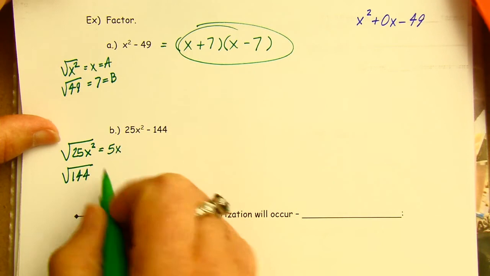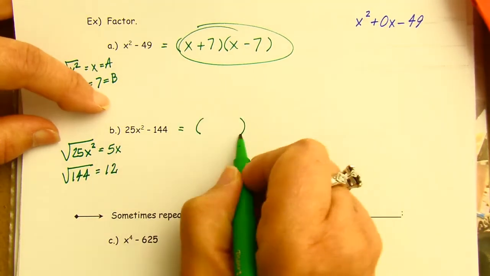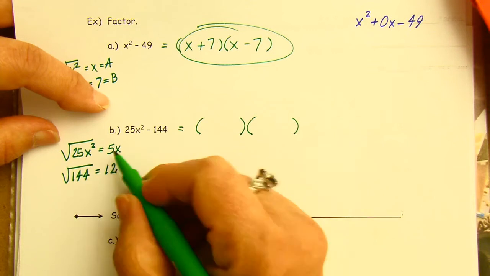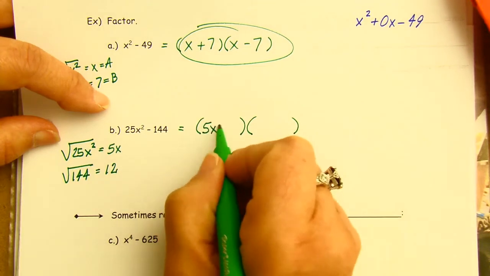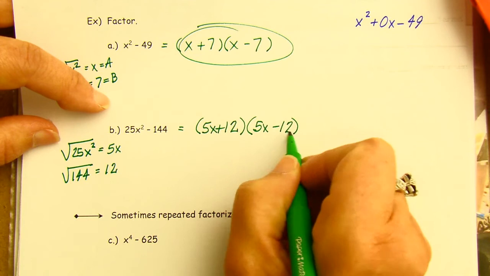So that's my a value. The square root of 144 is 12. So this is going to factor as 5x plus 12 multiplied with 5x minus 12.